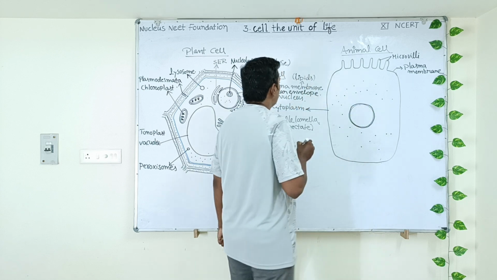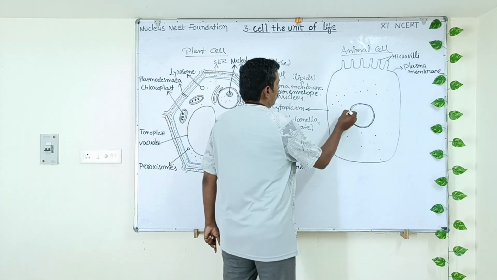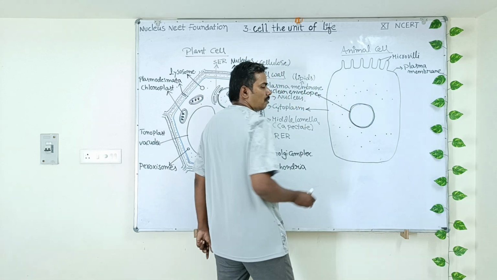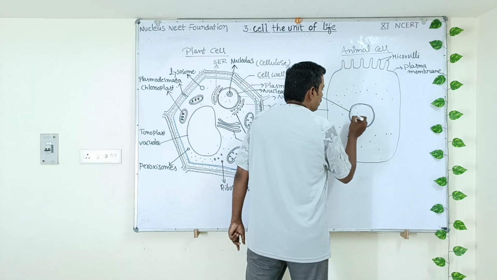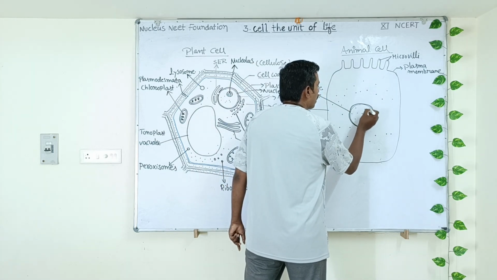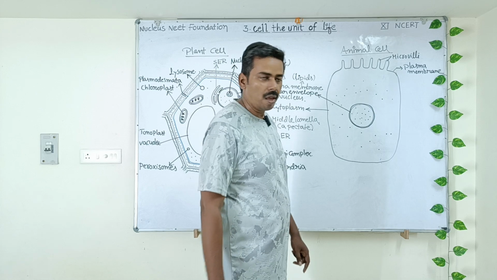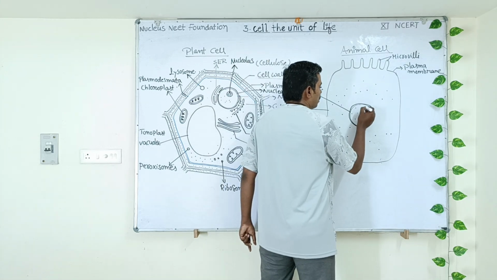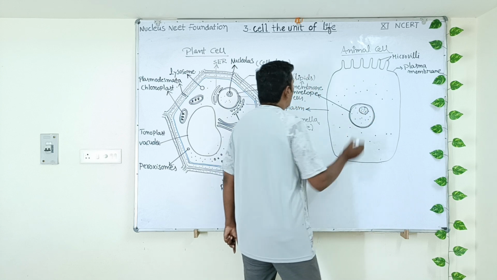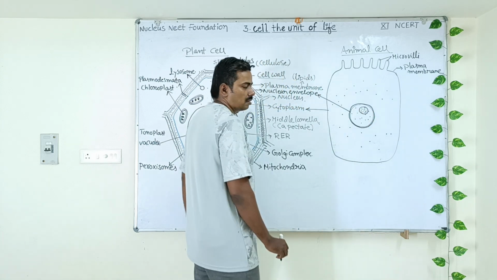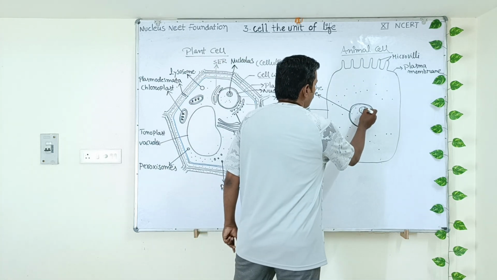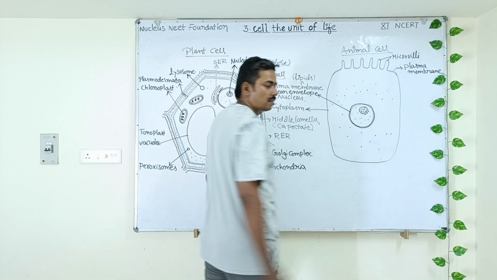Inside the nucleus, you can see the liquid called nucleoplasm. In the nucleoplasm, you can see a dark, non-membrane bound body, which is called the nucleolus. This is the nucleolus.